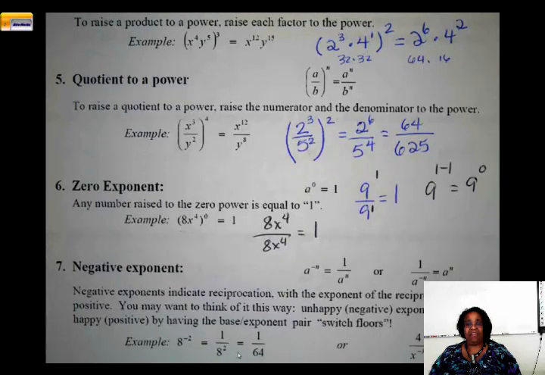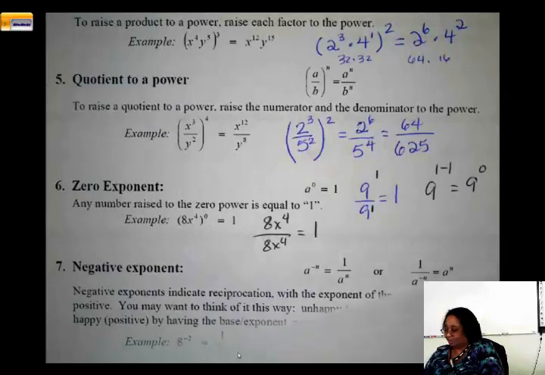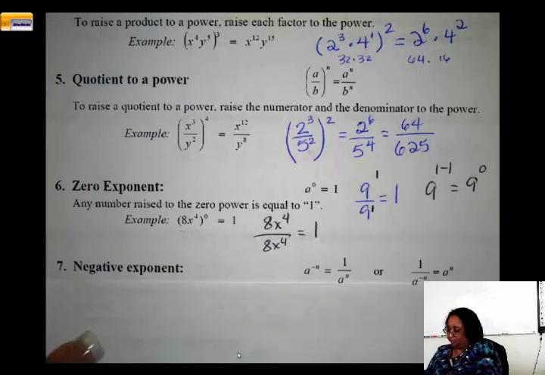And then negative exponents. Now I'm going to give you the rule for negative exponents, but later on in your packet, you guys are going to have a lot more practice with the negative exponents itself. When they say negative exponents, this is what they mean. Let me get a little blank piece of paper here.